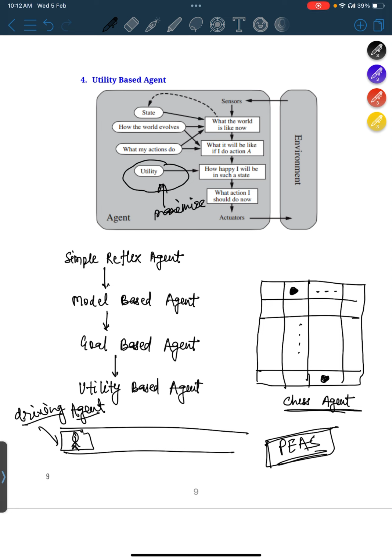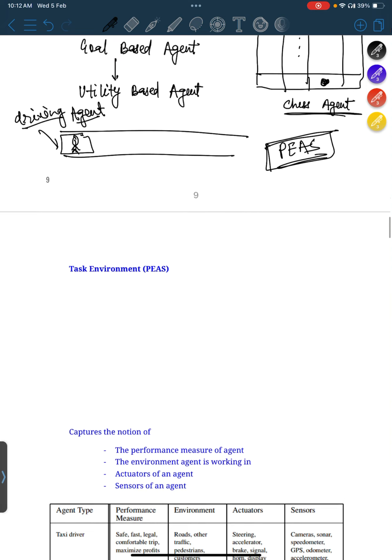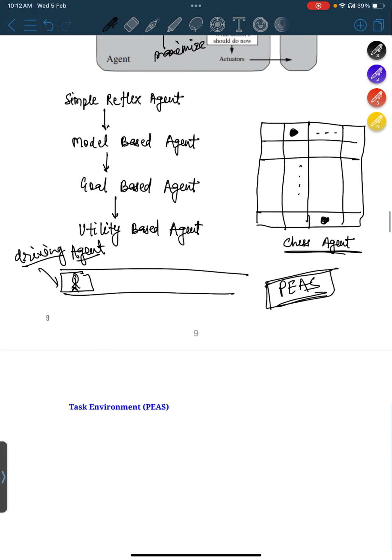So to differentiate between these two agents, we define the PEAS. This task environment is where the agent is working.